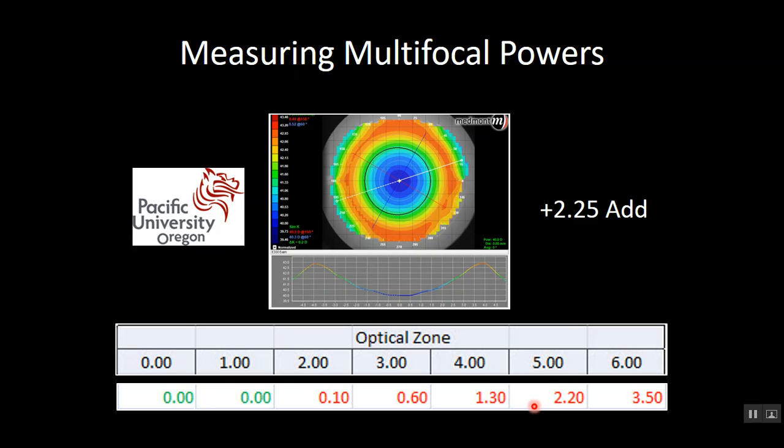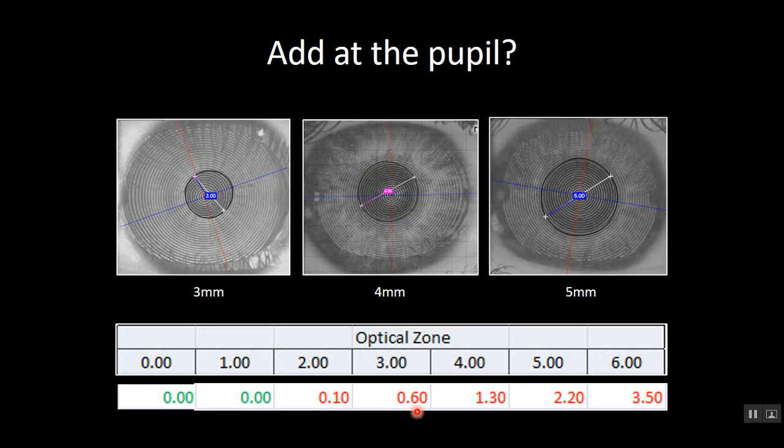So if this were a normal young child that needed some kind of add, we might be providing the 2.25 add at a 5 millimeter pupil. But for the presbyope, at a 3 millimeter pupil with this lens, they would only be getting 0.6 diopters of add, not much. So it's important to know the pupil size.